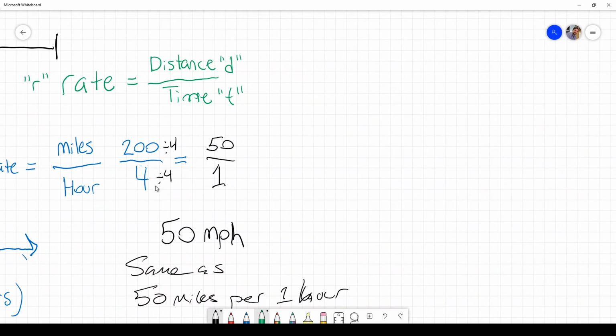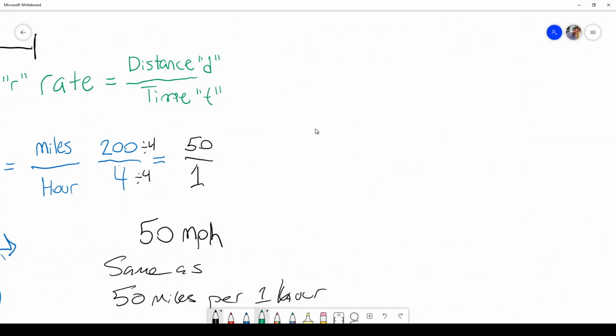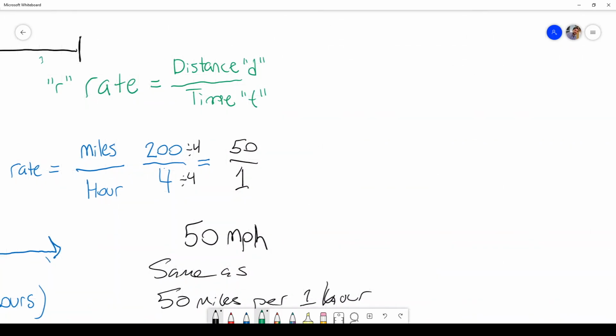And so it becomes a formula: R equals D over T. It's something that you're just going to be seeing always in math. And you're going to see that you can manipulate these around too. We kind of did it the other day. I briefly showed you how we could manipulate them. But now we've got a formula.